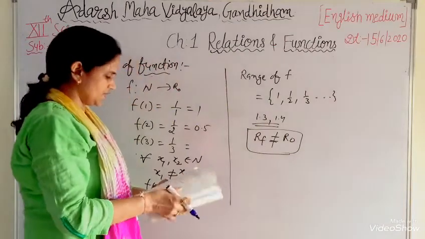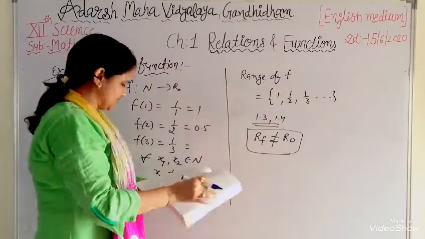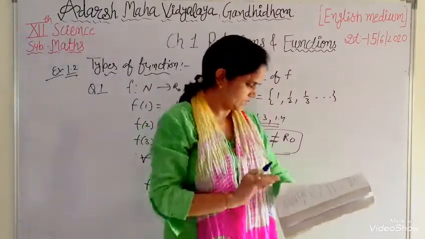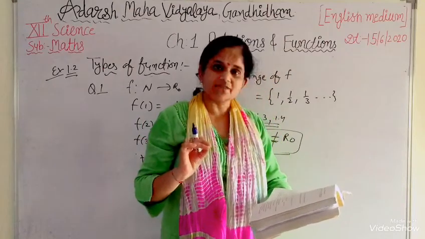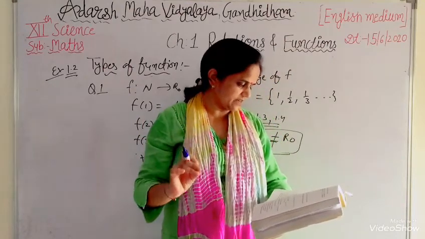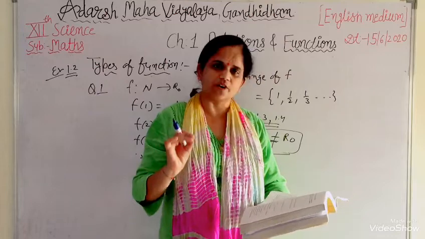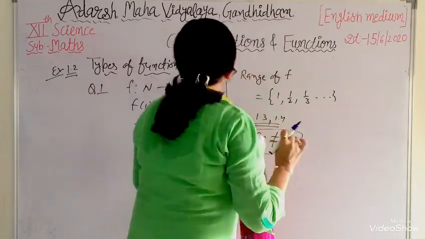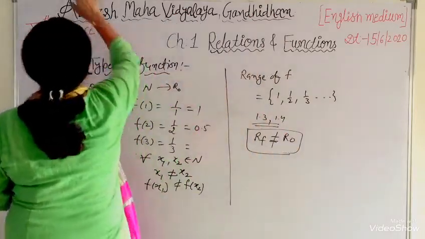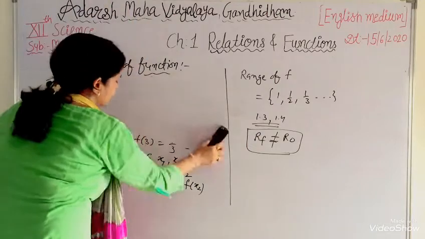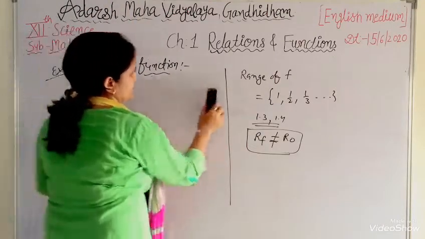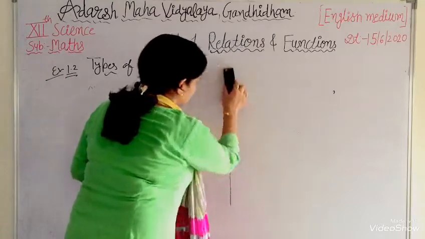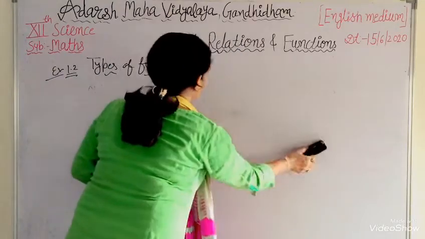Okay students. Now the next question is, check injectivity and surjectivity of the following functions. Students, a 1, 1 function is known as an injective function and an onto function is known as a surjective function.